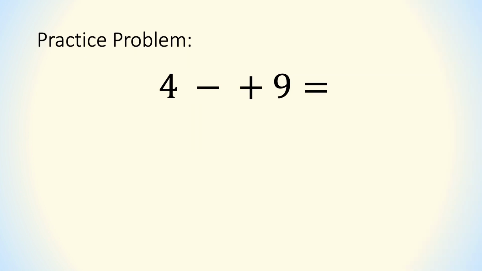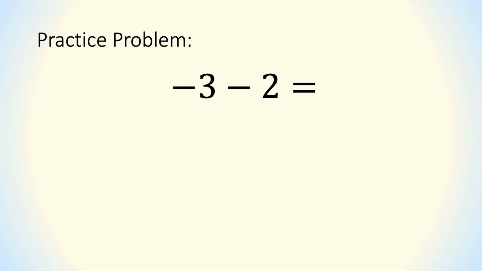There are some more practice problems after this that you can work on. We'll work on them together, but notice minus plus, we can change that to 4 minus 9. 7 minus a negative, we can change this to 7 plus 3. These are both negative, so we're going down 3 and down 2.